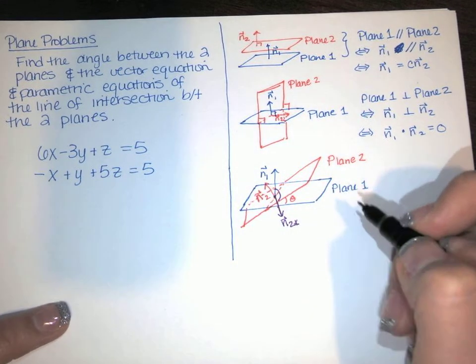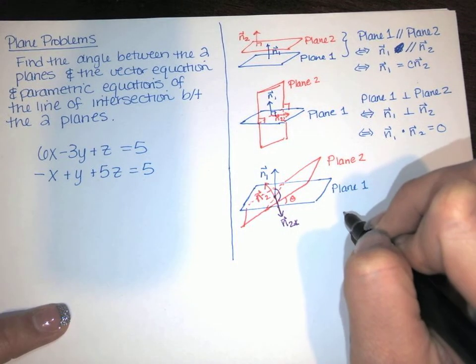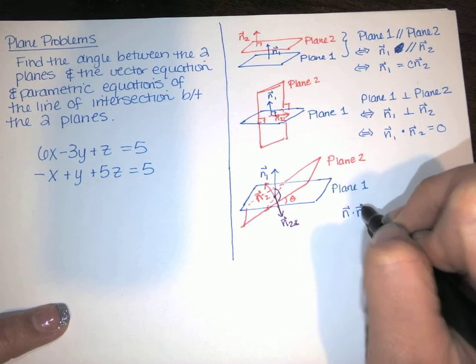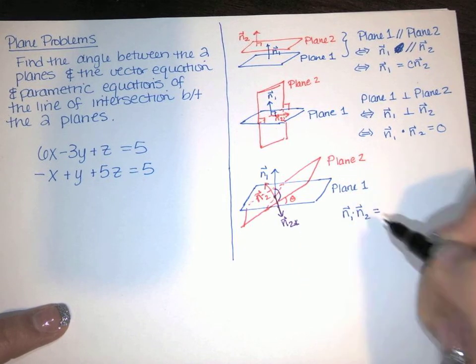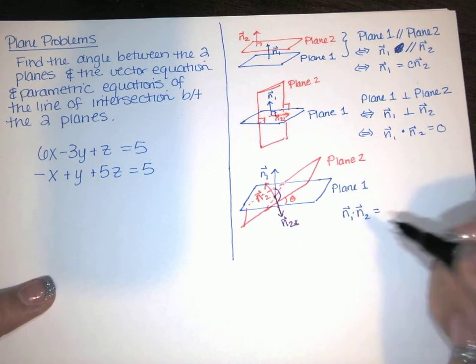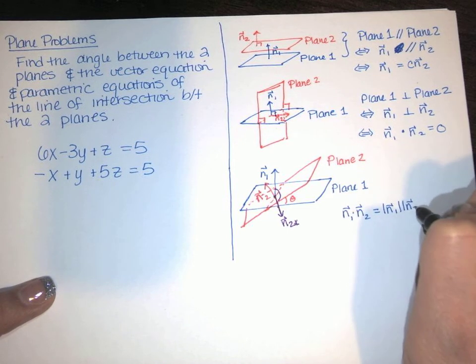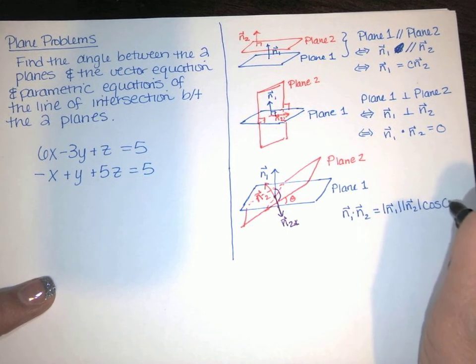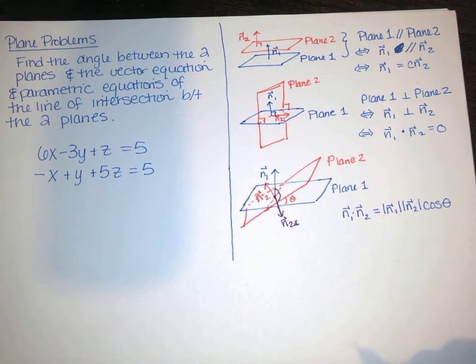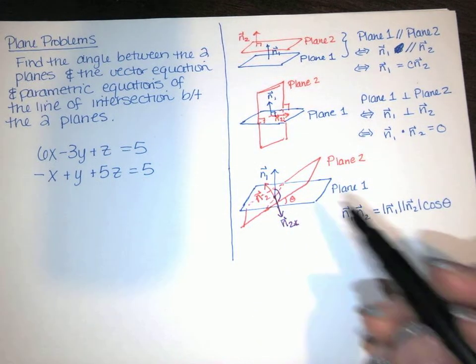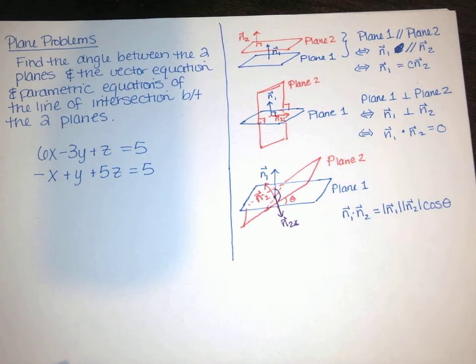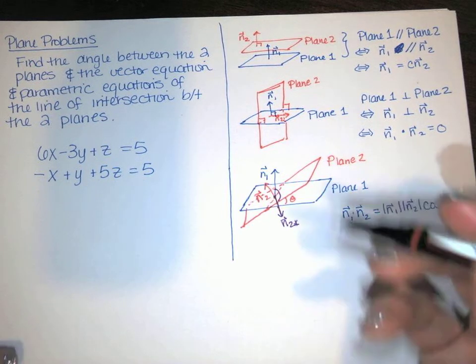So this is what we do. Using the dot product formula, the geometric definition of dot product, we know the dot product of n1 and n2 is the length of n1 times the length of n2 times the cosine of the angle between them. Now, if I want the acute angle, it turns out all I have to do is take the absolute value of that dot product.